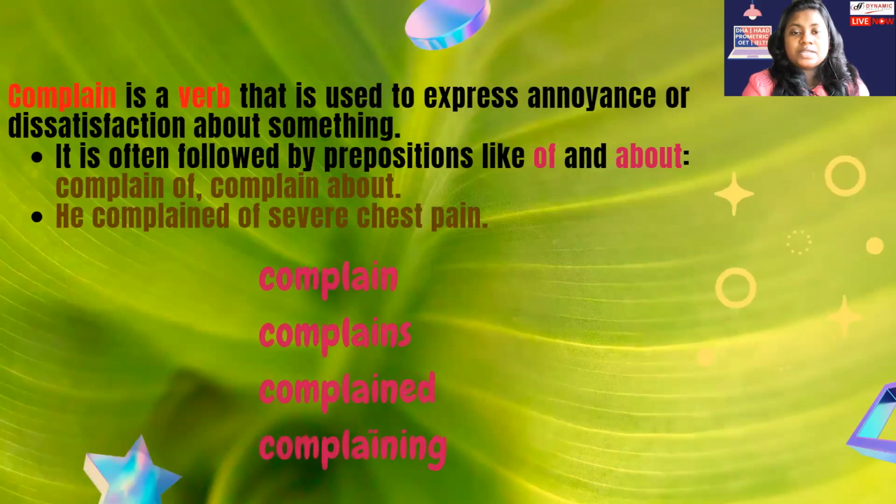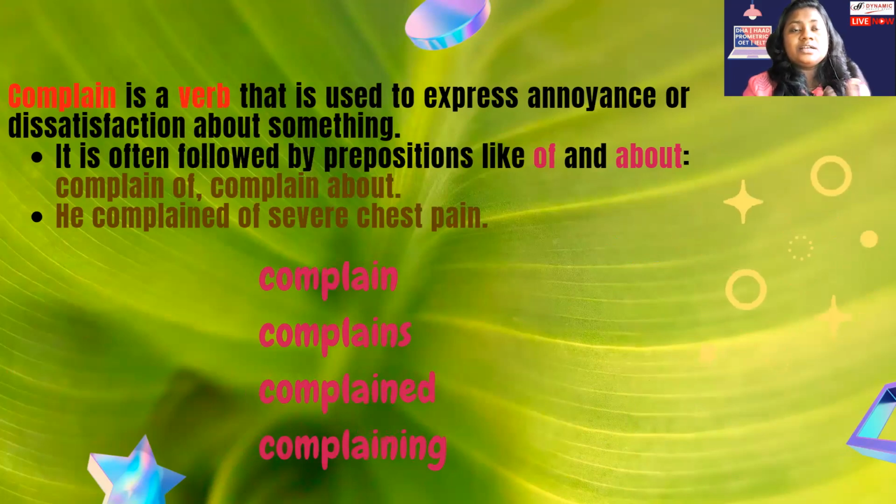So complain without T is a verb. Here also remember one. Don't try to remember two. Remember any one. Complain is a verb. That means to express annoyance or dissatisfaction about something. If you want to express dissatisfaction, you will be using complain.